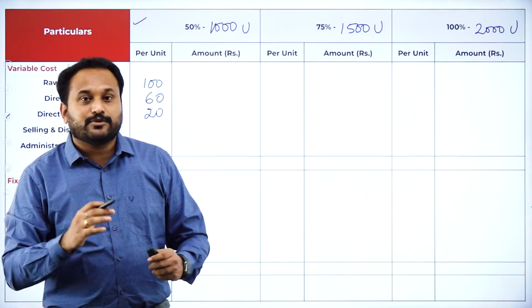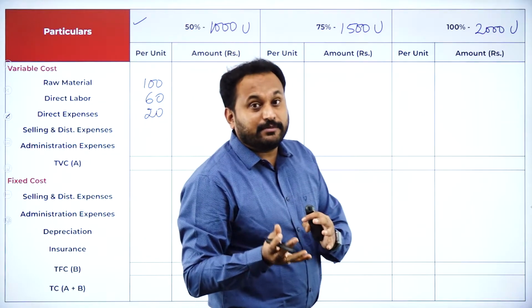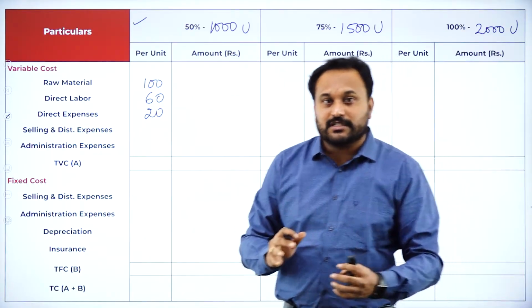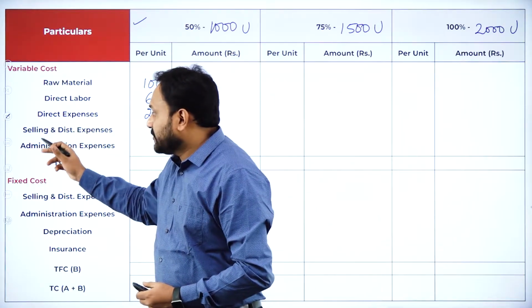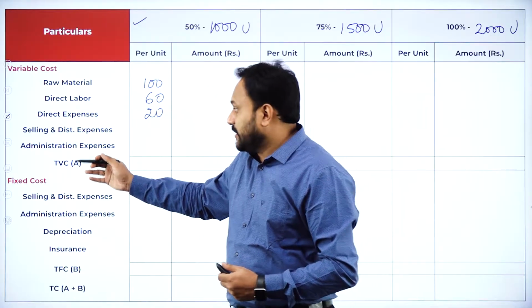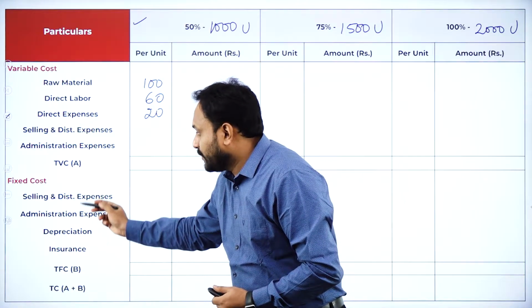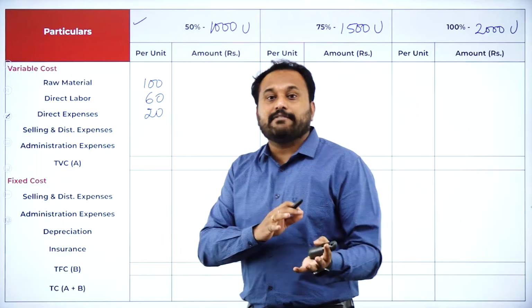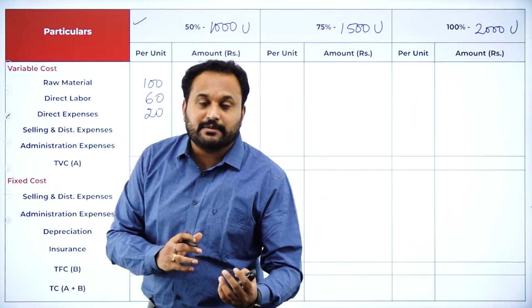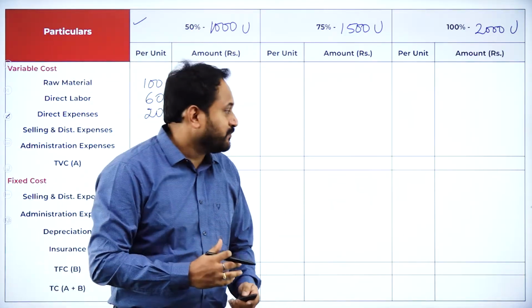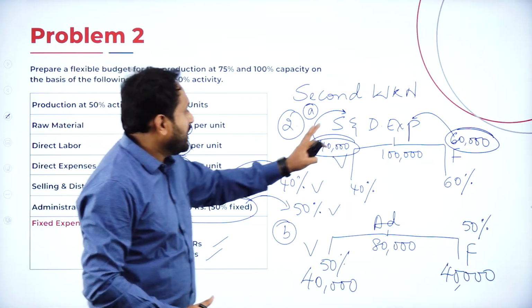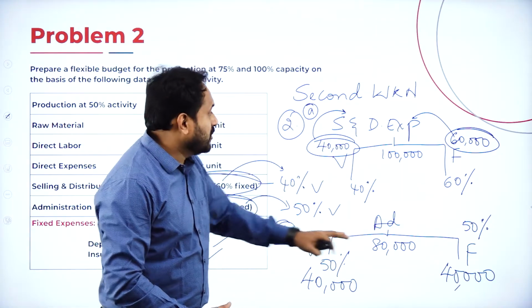Now selling and distribution expenses and administration expenses. We are supposed to go with semi-variable cost and semi-fixed cost, because both have the property of semi-variable and semi-fixed cost. We have already done the working note.